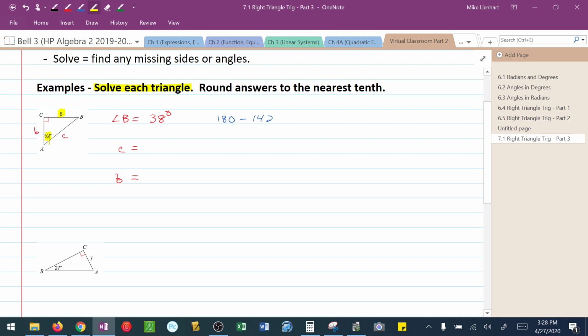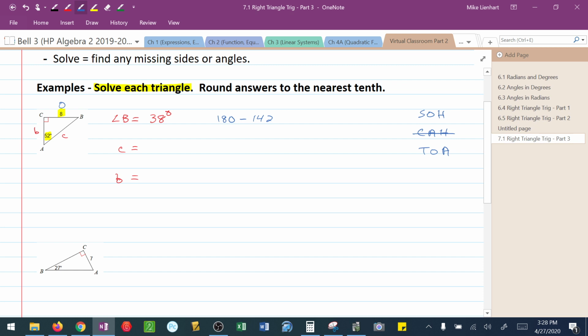All right. Now, I want to continue to use the given information to find other missing things. From 52, I know that 8 is my opposite side. So if that's my opposite, I'm thinking SOH CAH TOA, and I know that the sine and the tangent functions involve opposite. How would I find B?